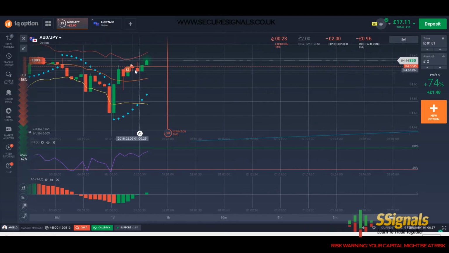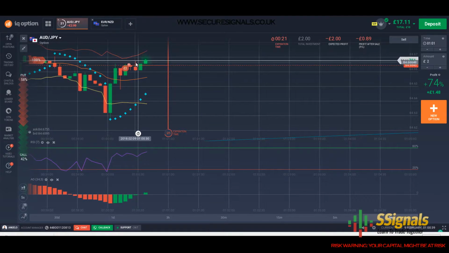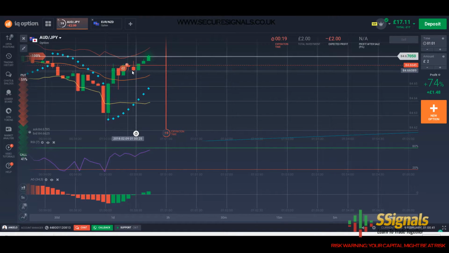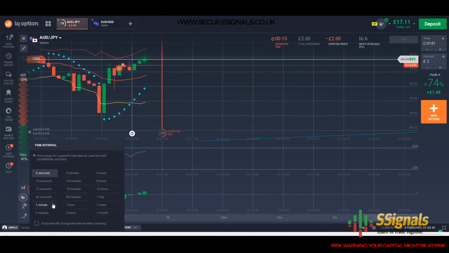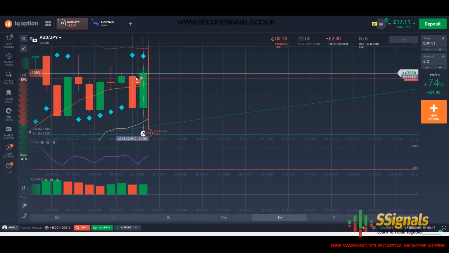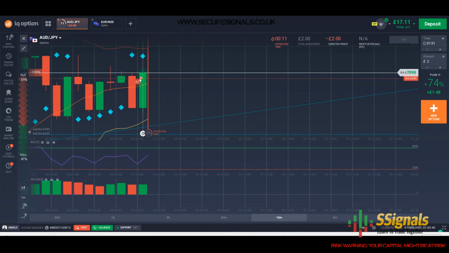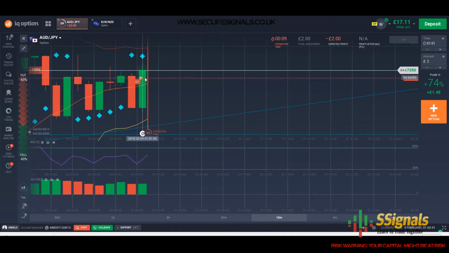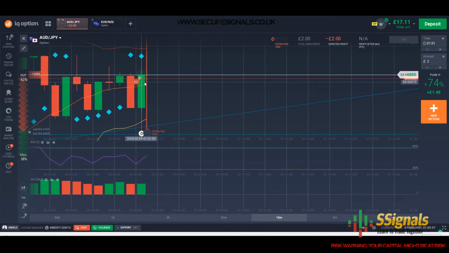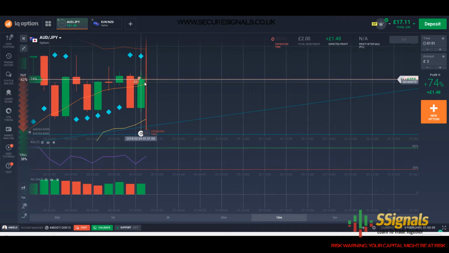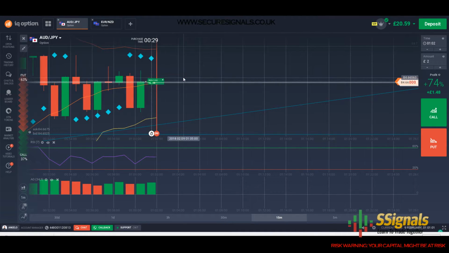I've got a nice confirmation on the 5 second here, and a nice pin bar going downwards. So if it isn't to win, then it's just due to the market conditions and the way the market's moving right now. Usually it tends to play around the Bollinger Bands, but it's looking like it doesn't want to head down. Come on, a little push, and yep, it's won.